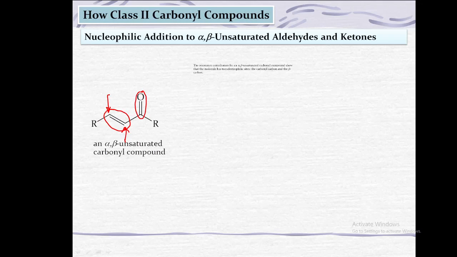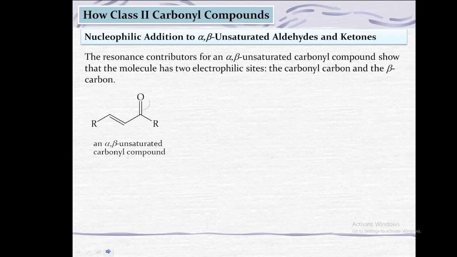And so we say that it is alpha beta unsaturated. We want to show you how the chemistry of this molecule differs from the chemistry of the other carbonyls that you already know.